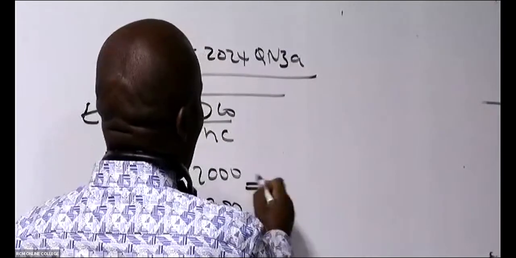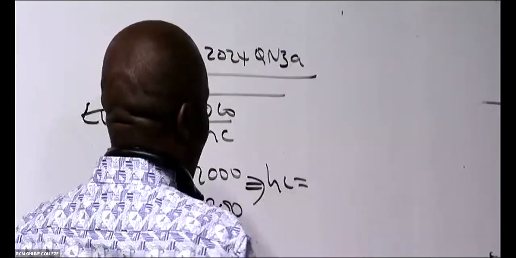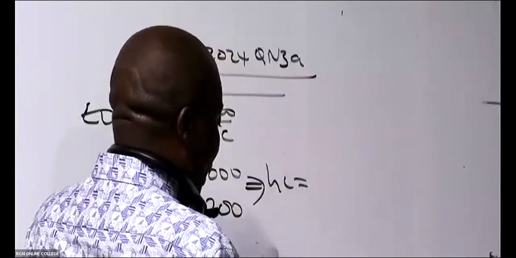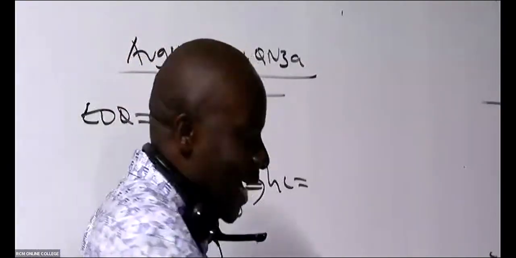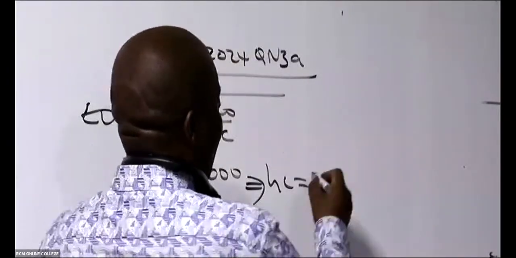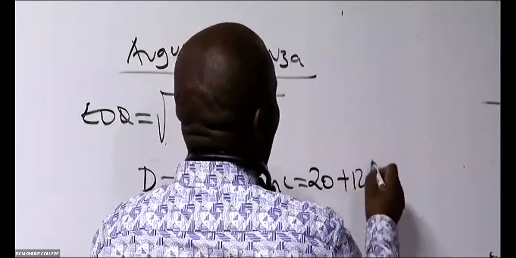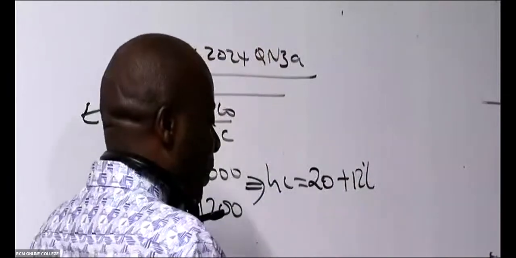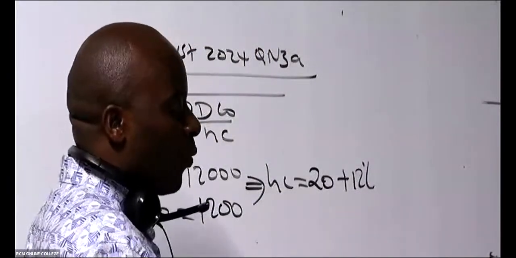And then they have told us in note number 5, holding cost is the same as carrying cost. So carrying cost is 20, plus 12% opportunity cost of the purchase price.